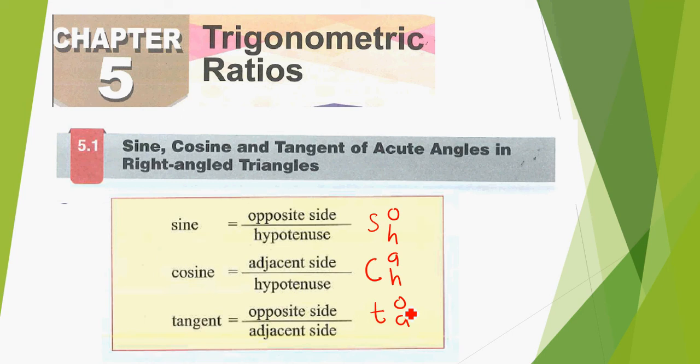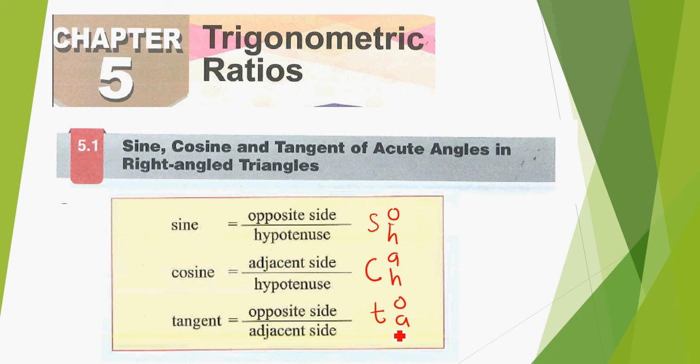Some students like toa ka so, no problem. If you want to use ka so toa also can. But you must know that SOH means sine equals opposite over hypotenuse. CAH is cosine equals adjacent side over hypotenuse. TOA is tangent equals opposite side over adjacent side.